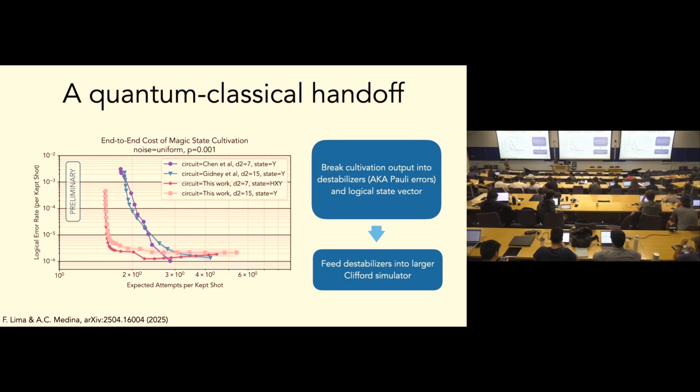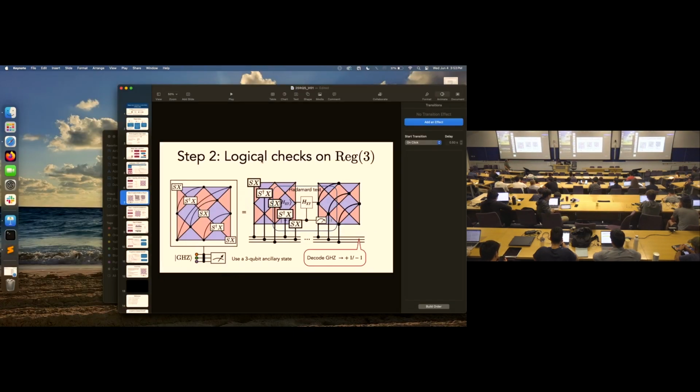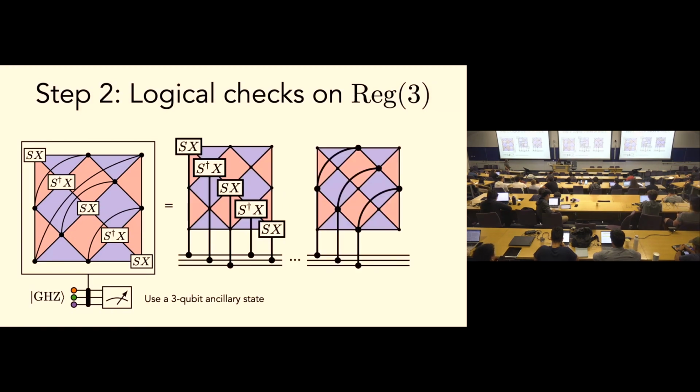Can you go to the slide where you do the CCZ gates? Okay. I was just a little confused that if you have errors in the ancilla, would they propagate to the surface code? Great question. So this is exactly why we use a 3-qubit GHZ state.